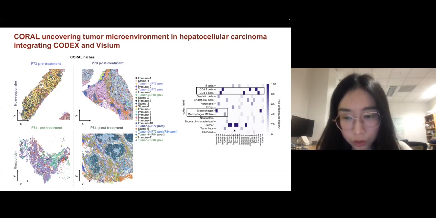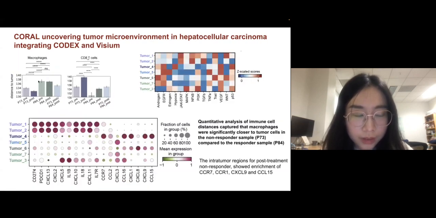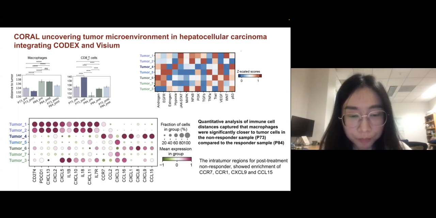Here is how the individual domains associate with the proportions of cell types, and we identified two of them that are very interesting: one is macrophages, another is CD4 T cells, because they correspond to the non-responders in the sample. We first looked at how they look in terms of distance to the tumors, and here we identified an interesting thing: macrophages in the non-responders are actually closer to the tumors, which is very different from the CD8 T cells.